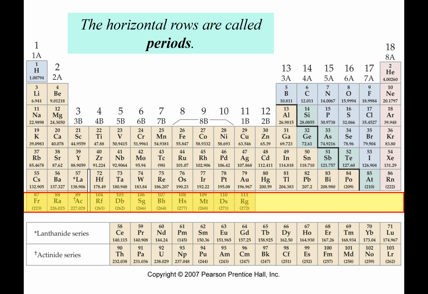So this is period 1. This is period 2. This is period 3. Period 4, we pick up the first group B elements. Period 5, etc. And on your black and white periodic table, which you're going to get on Thursday for your test, it's going to have those little numbers over here.